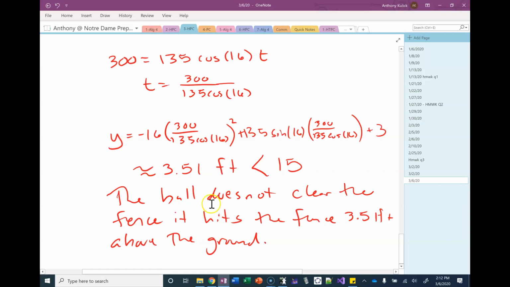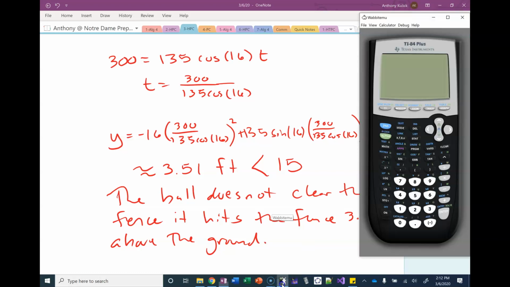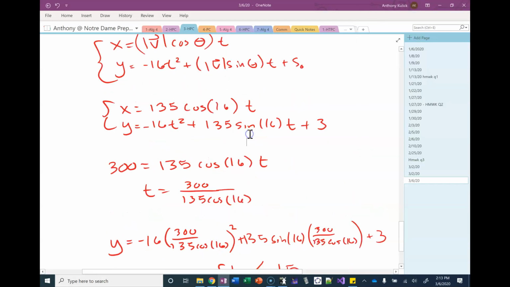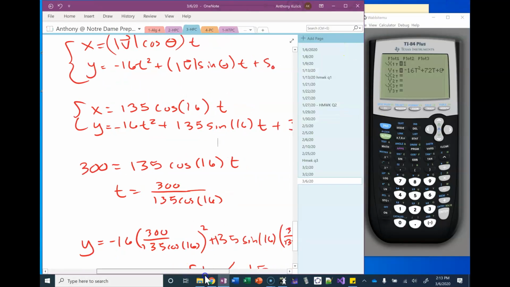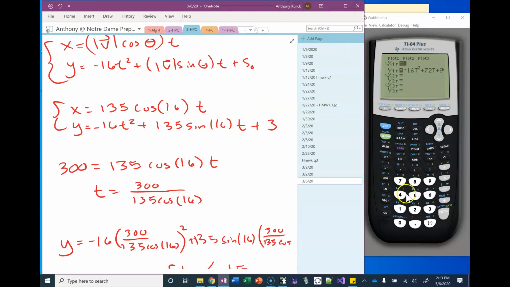All right, let's graph this to get a picture of what's going on, to reinforce what we're seeing here visually. I want to make sure my calculator is in degree mode and parametric mode. That's the first thing I'm going to do. And then I'm going to go to my y equals menu. For my x equation, I want to type in 135 cosine 16 times t.